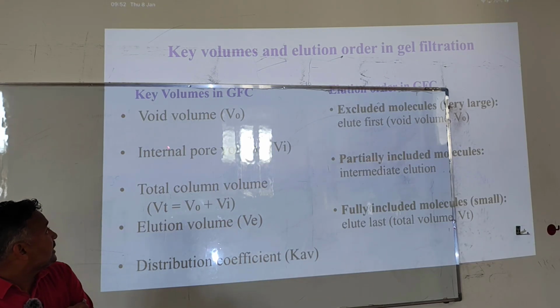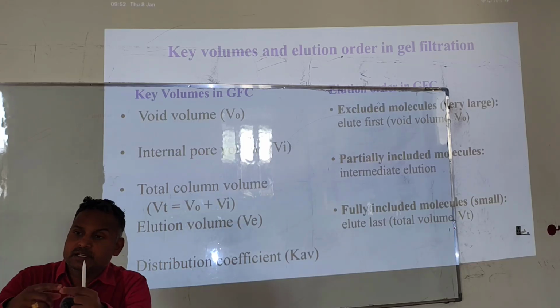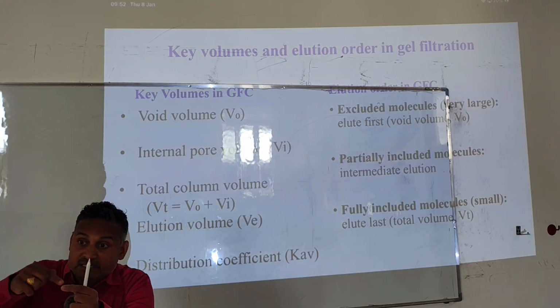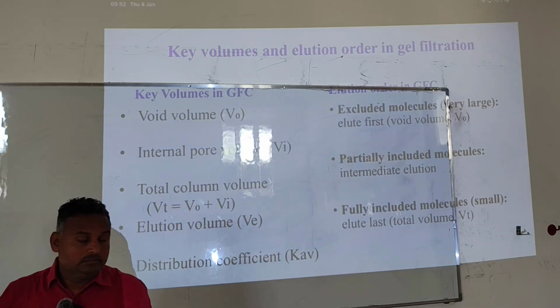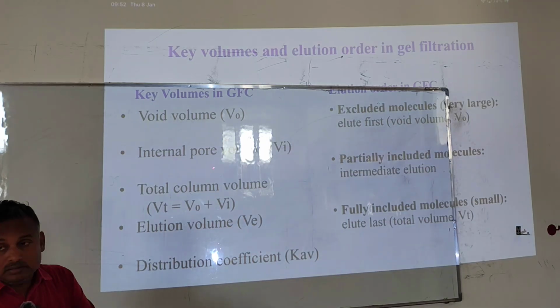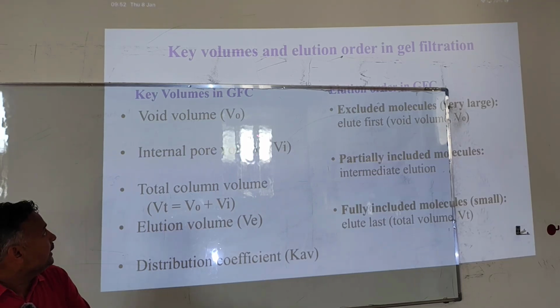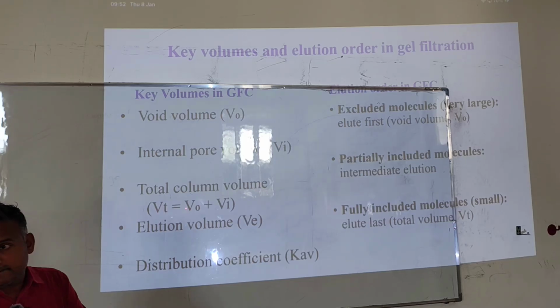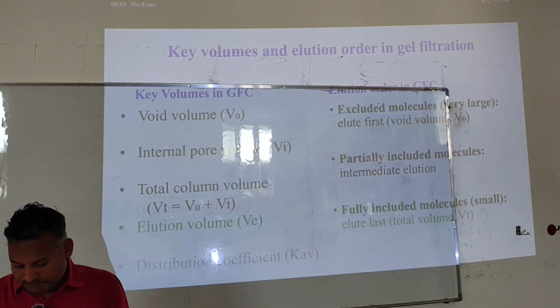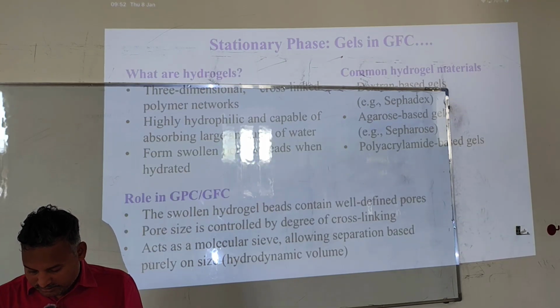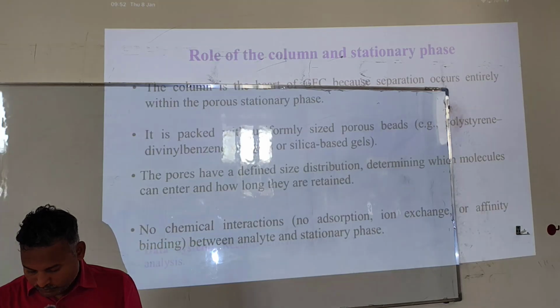Internal pore volume is regarding the stationary phase. In the stationary phase, there are pores. The total pore volume is the internal pore volume, that is VI. V0, VI. And total column volume VT is equal to V0 plus VI. This is what it is showing here.